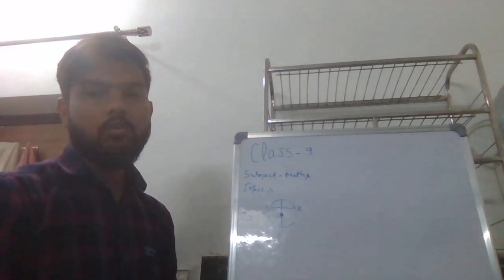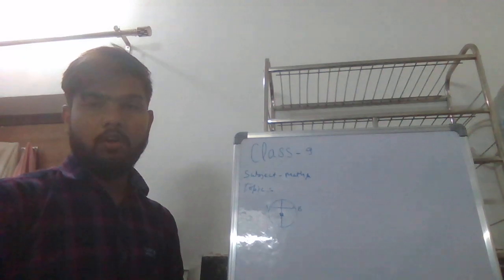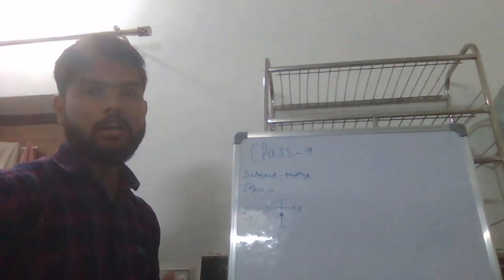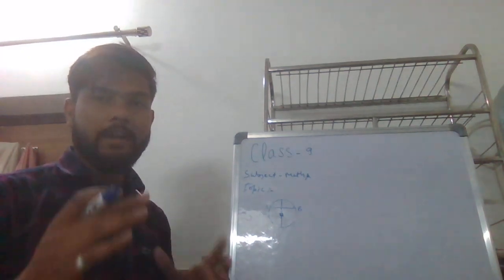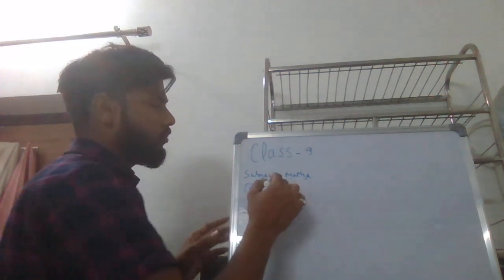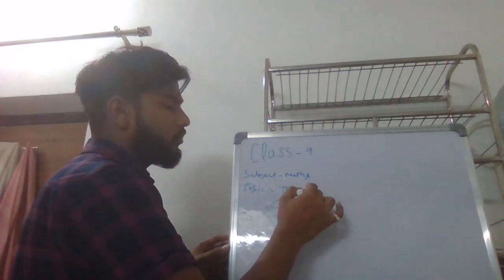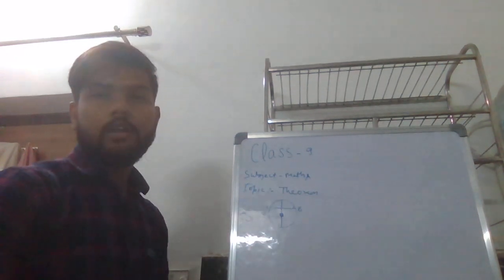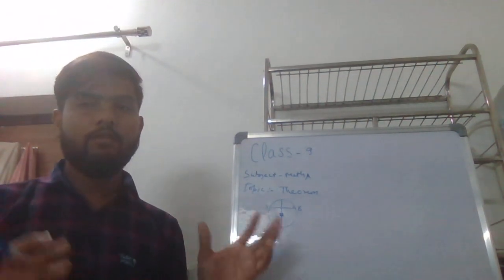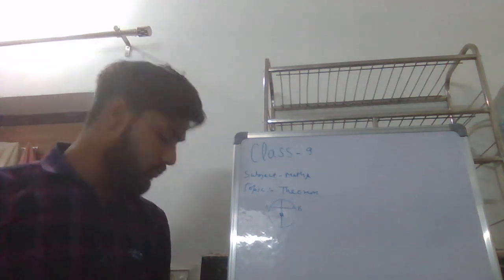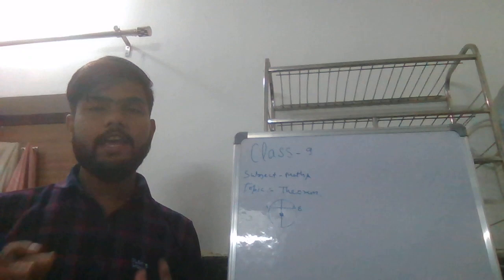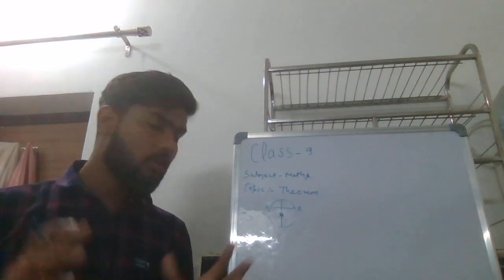Today we will discuss the theorem: the perpendicular from the center of a circle to a chord bisects the chord. So today our topic is related to this theorem. Now you tell me what we can infer from this activity.